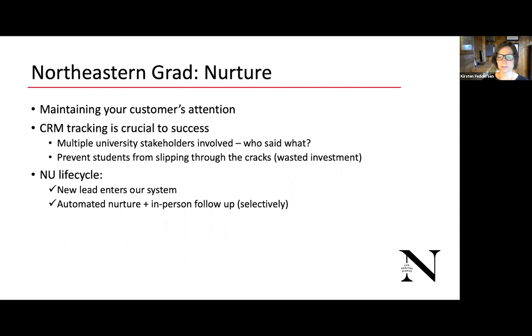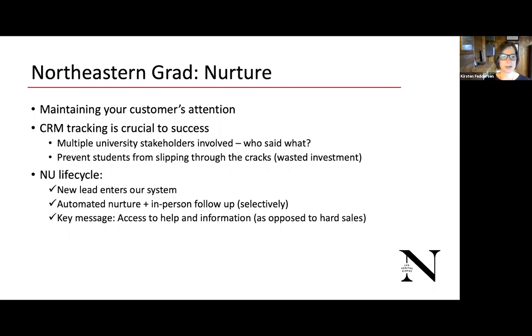As I mentioned multiple times already, with the volume of leads that we have, it's simply not feasible or necessarily constructive or productive to follow up with every single lead, because many of them don't necessarily have a genuine interest in studying with us. So it's all about finding the ones that do.